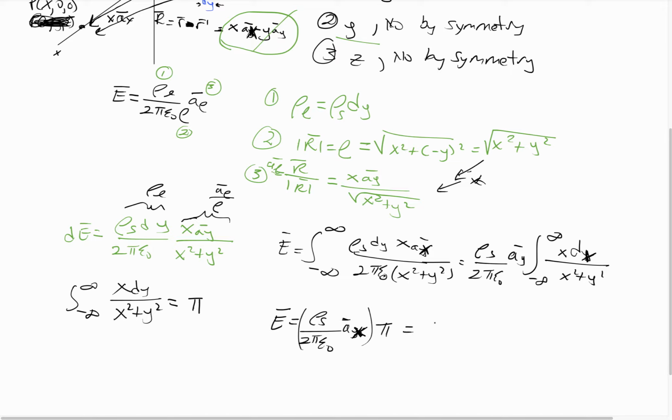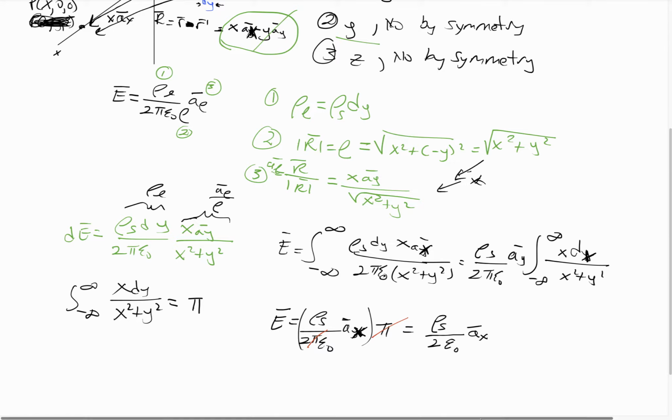And so that equals rho s over 2 pi. Nope, we don't have any pi anymore. Those pi's cancel out. And then we have 2 epsilon 0 a_x. So that is the electric field for a sheet charge in the xy plane.